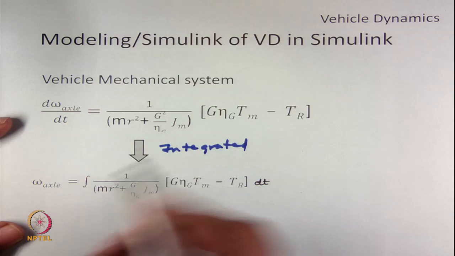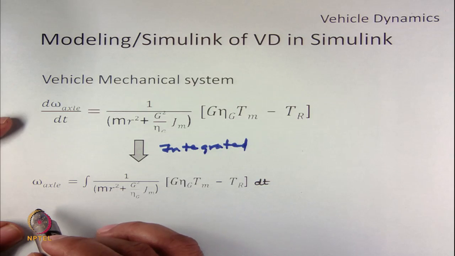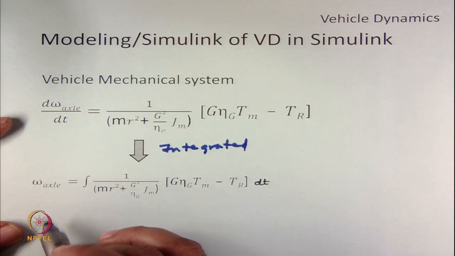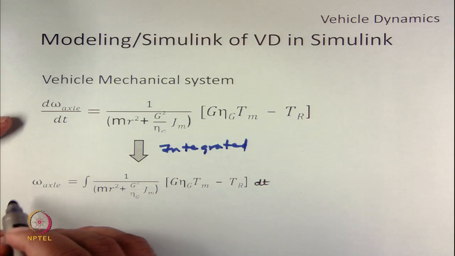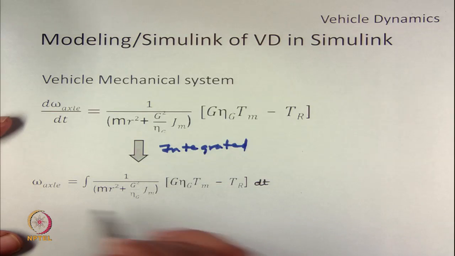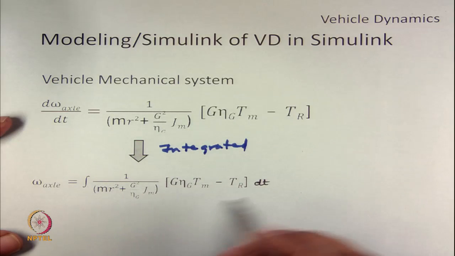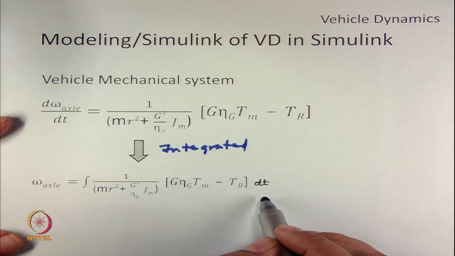So that we can calculate the value of omega xl. So, omega xl will be the integration of the equation into dt.